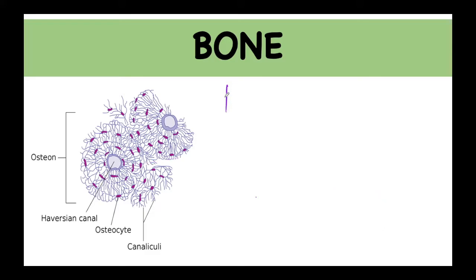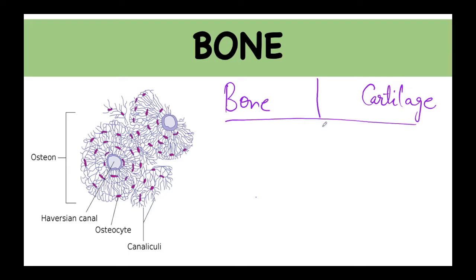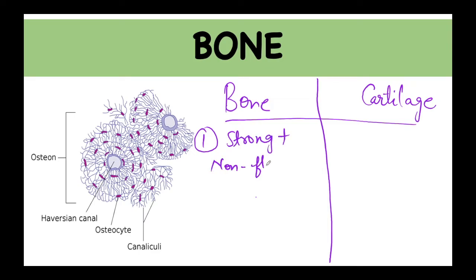Now let's compare bone and cartilage. I think we are well aware of both of the tissues. Number one, bone is strong plus non-flexible. Cartilage is softer and much more flexible.